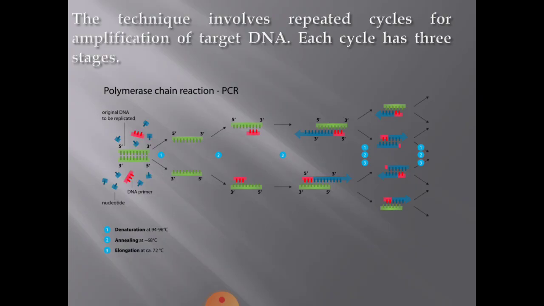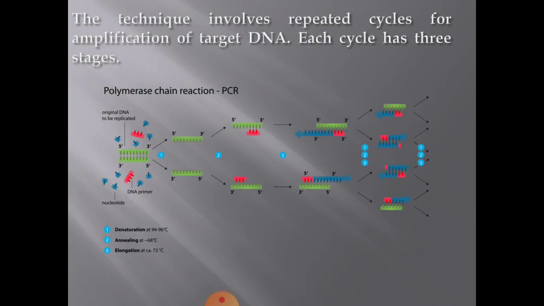Okay? Now, for the reaction to take place, the temperature has to be kept optimal as required by the DNA polymerase. For example, the optimal temperature for Taq polymerase is around 75 degrees Celsius.